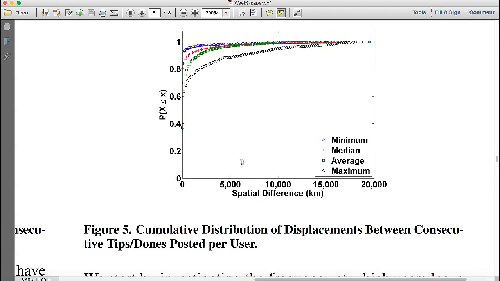Figure 5 is the cumulative distribution of displacement between consecutive tips and don'ts posted per user. On the x-axis it is showing you the distance, on the y-axis the cumulative distribution.